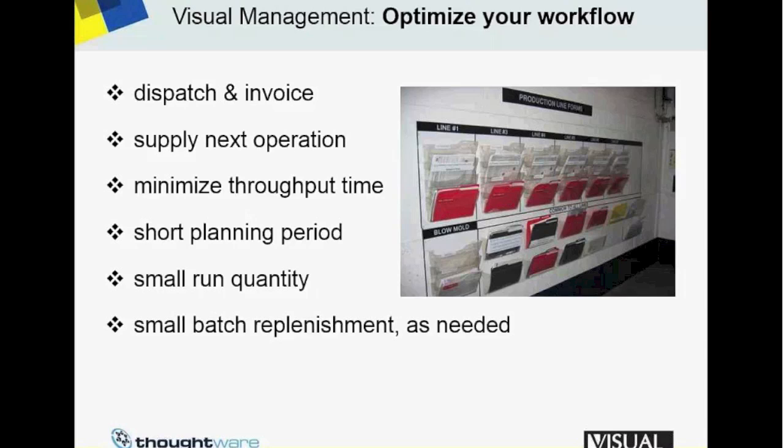It means minimizing the material throughput time and using the shortest planning period and the smallest run quantity which can be efficiently managed. And only taking deliveries from suppliers in small batches as and when needed. All our visual management is focusing on these elements of optimizing your workflow.